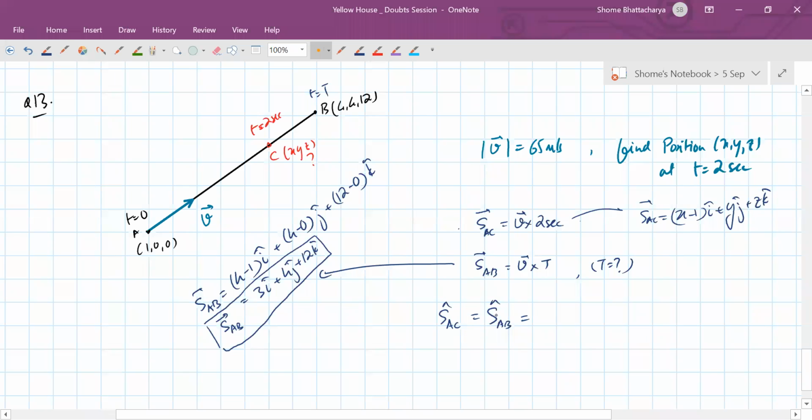So using this fact, one of the things we can do is that the velocity's unit vector is also the same as this displacement's unit vector. So you can see that the velocity's unit vector is S_AB divided by magnitude of S_AB. So that is 3 i cap plus 4 j cap plus 12 k cap divided by this magnitude, which you know is 13.